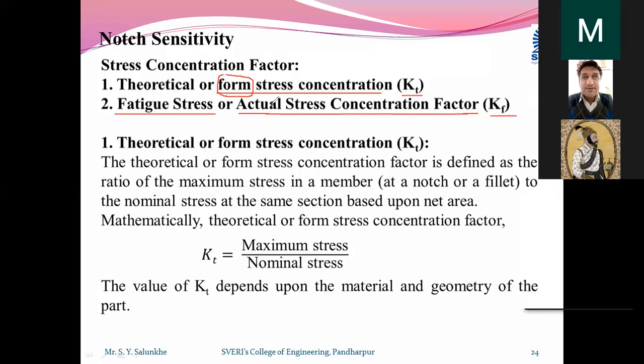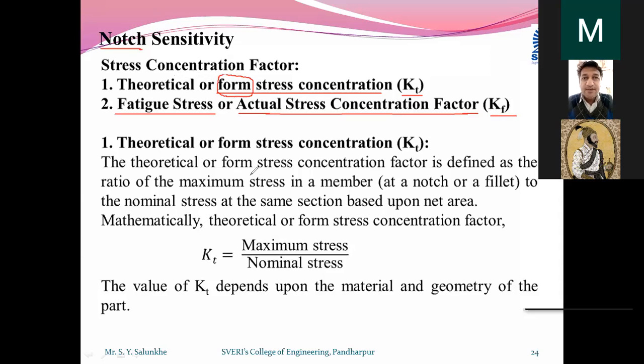These results are compared with the theoretical stress concentration factor, and we find there is some difference; the theoretical values do not match the actual ones. The relationship between theoretical and actual is measured with notch sensitivity.